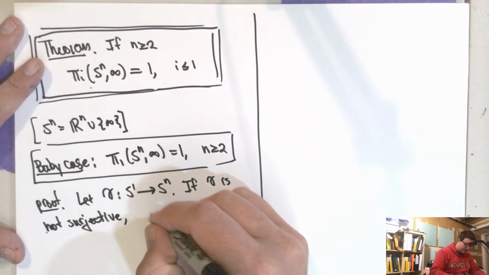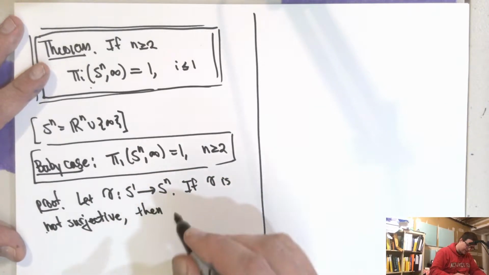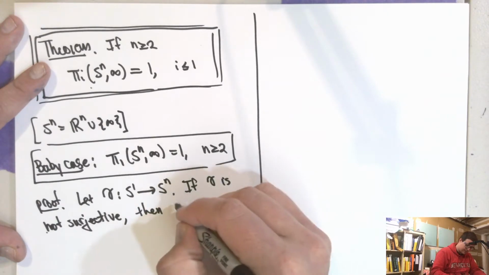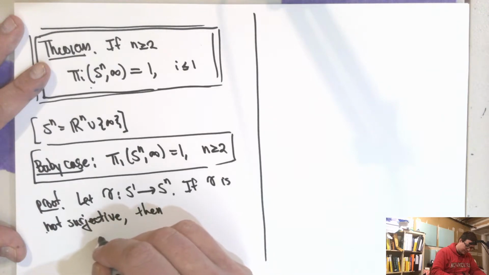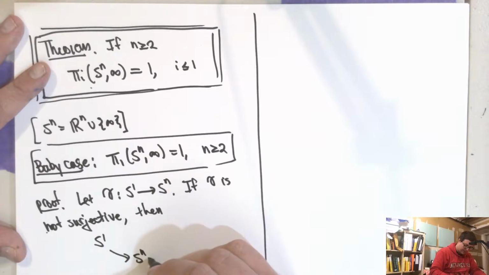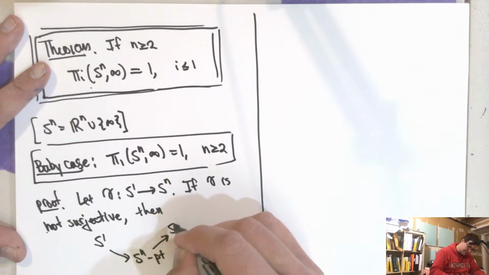Then we have a factorization: gamma factors through S^1, then S^n minus some point, and this goes into S^n.